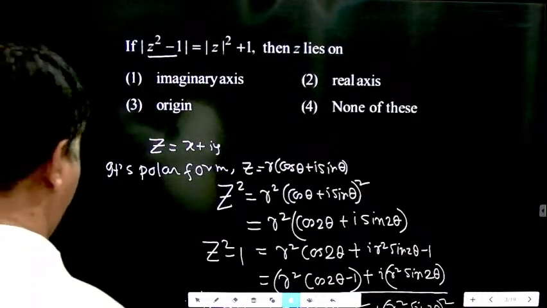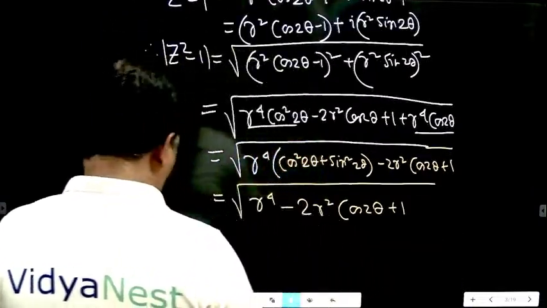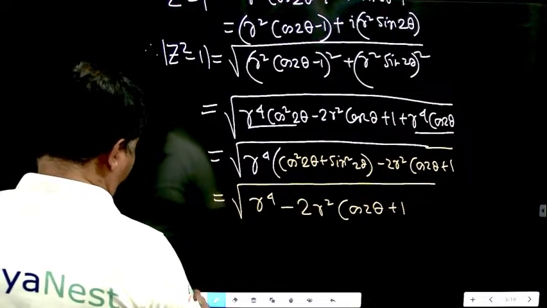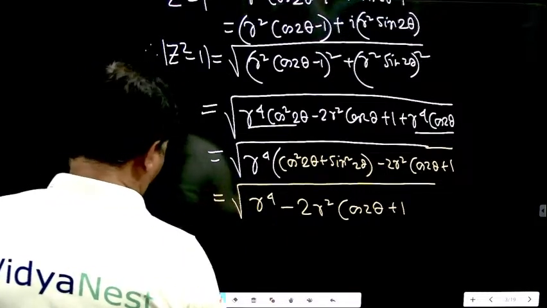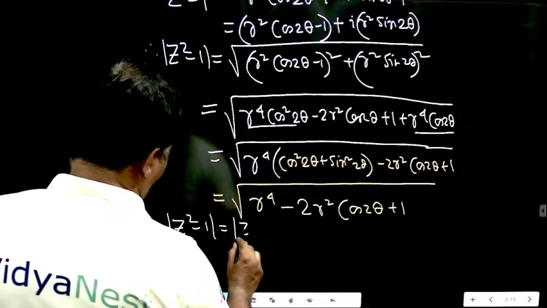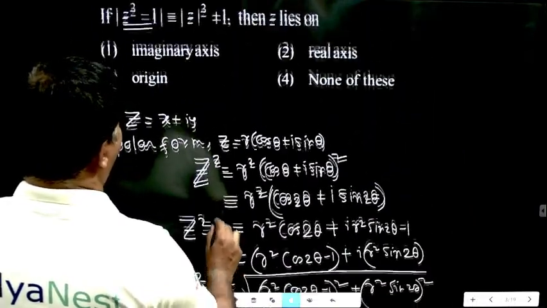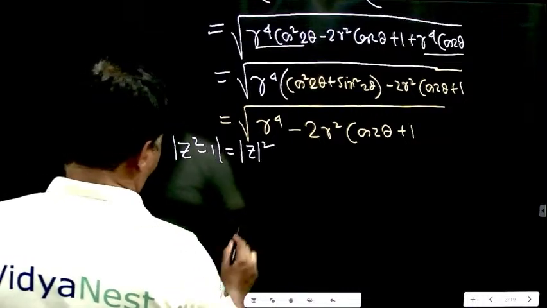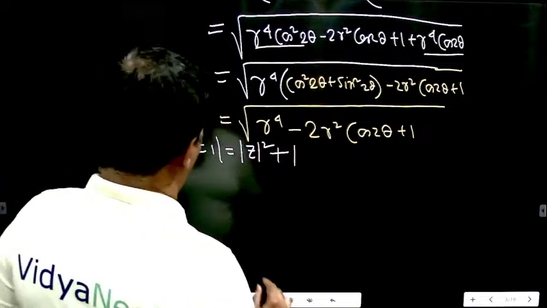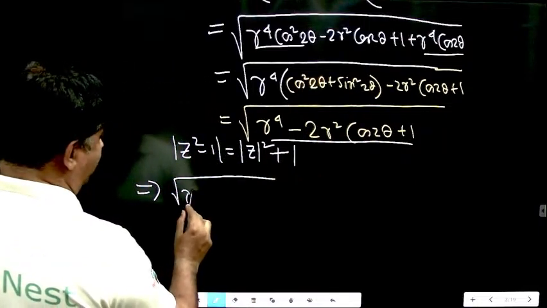Now, we have got the relation mod z square minus 1. Just now we have got this value. Just drag it and put here.